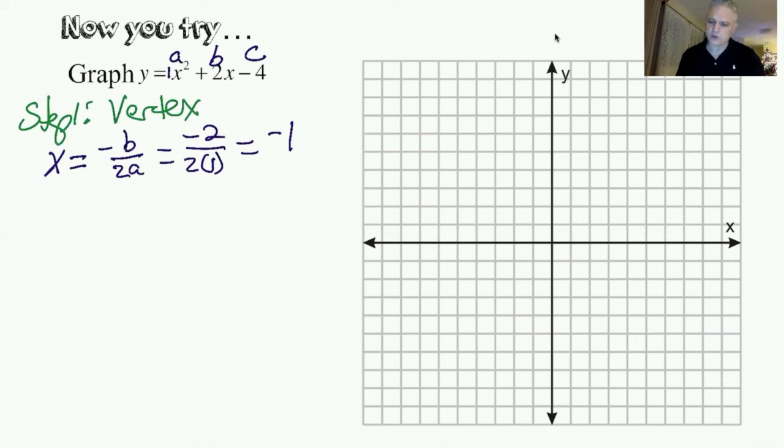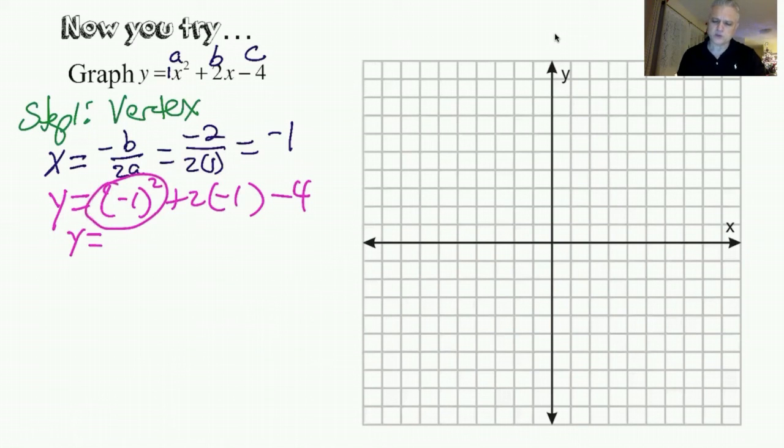Now I want my y coordinate. So for the y coordinate, we're going to take negative 1, substitute it in for x. So y equals x squared plus 2x minus 4. But I'm not going to put x in there, I'm going to put negative 1 in there. So that means that my y is going to equal negative 1 squared is 1 plus negative 2 minus 4.